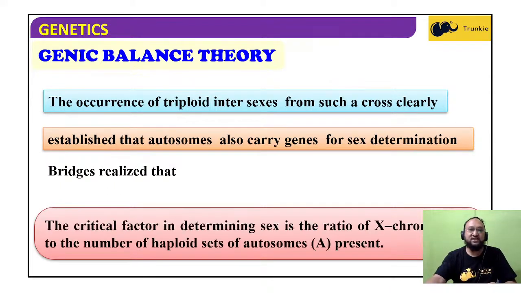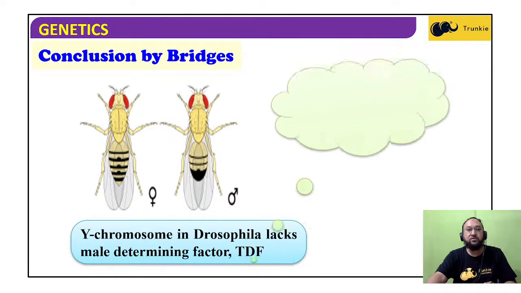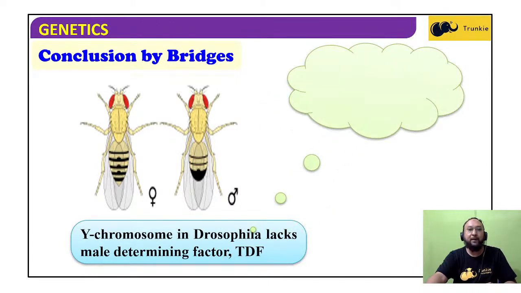So Bridges realized that the critical factor in determining sex is the ratio of the X chromosomes to the number of haploid sets of autosomes present. If the haploid sets of autosomes are more, then it will be male. So he concluded that the Y chromosome in Drosophila lacks the male determining factor, TDF, the testis determining factor, like we find in human beings.